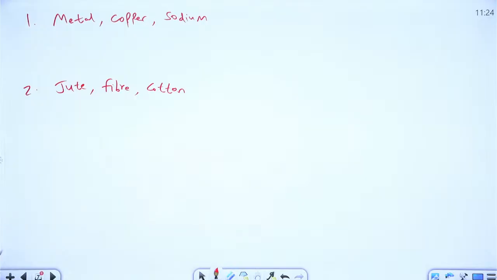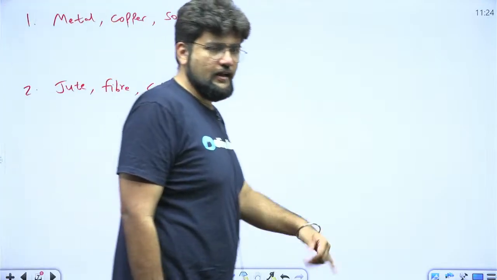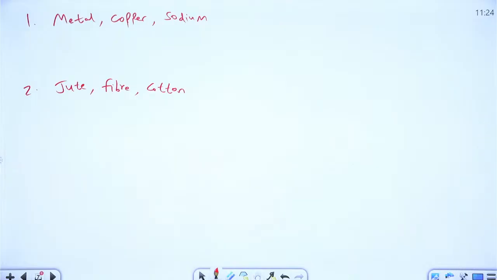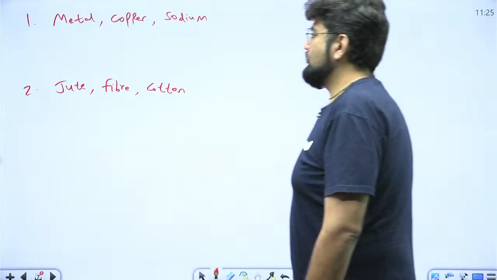I think 2 is enough. Draw both of these. So just try them at your end. Let me know when you're done. I'll start discussing right away. Metal, copper, sodium, and jute, fiber, cotton.